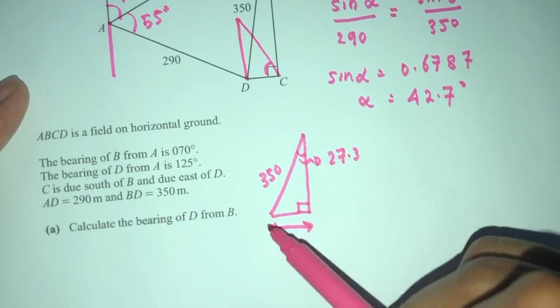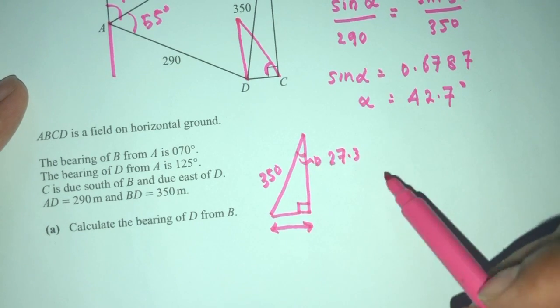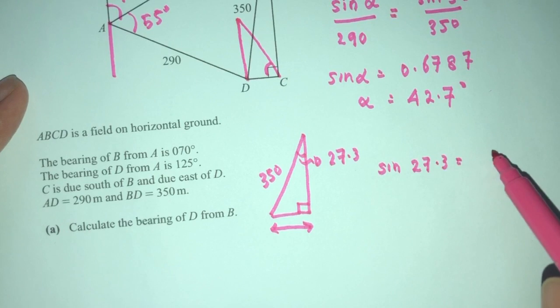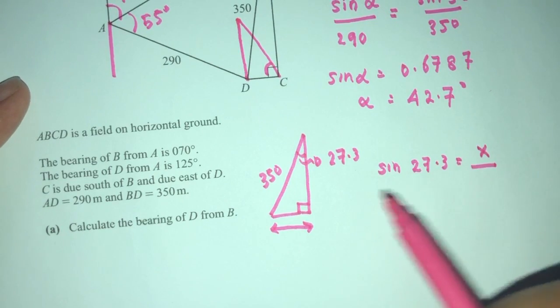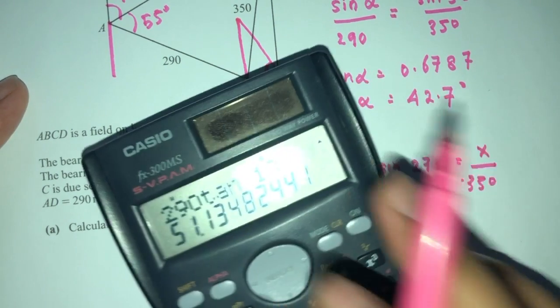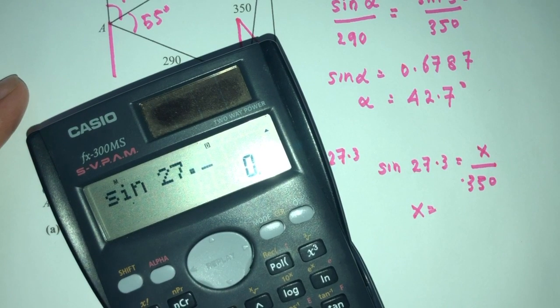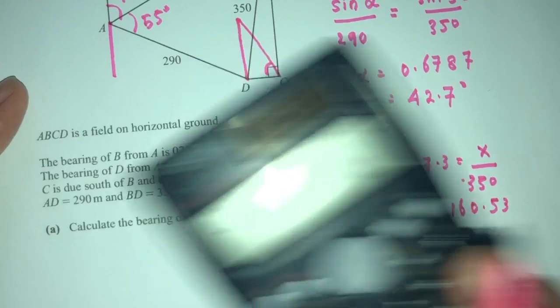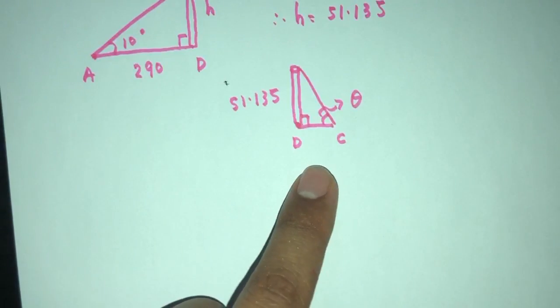This is the opposite side, and this is the hypotenuse. We have to use sine. Sine of 27.3, that will be opposite side, we don't know, call it x, divided by the hypotenuse, which is 350. So x will have to be what? Sine of 27.3 times 350. 160.53.